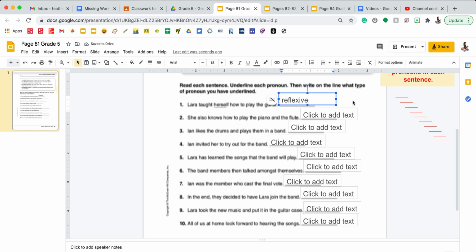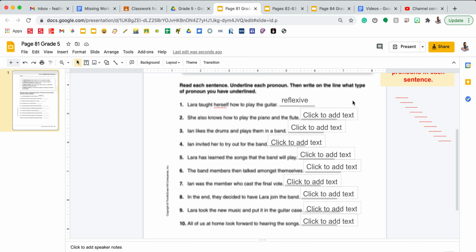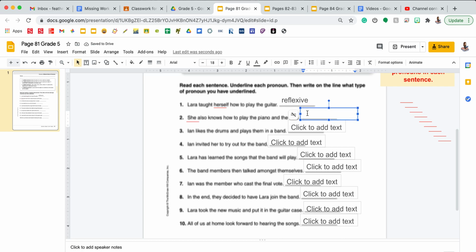So I'm going to write reflexive on the line. Number 2 says, she also knows how to play the piano and the flute. I see the pronoun she, and because it is the subject of my sentence, it is a subject pronoun.